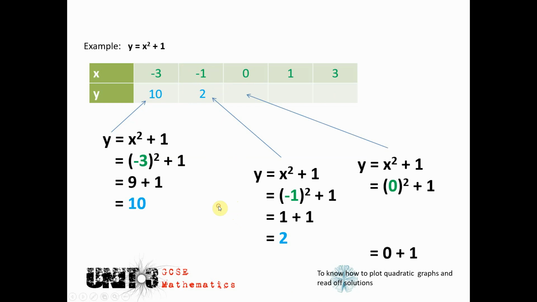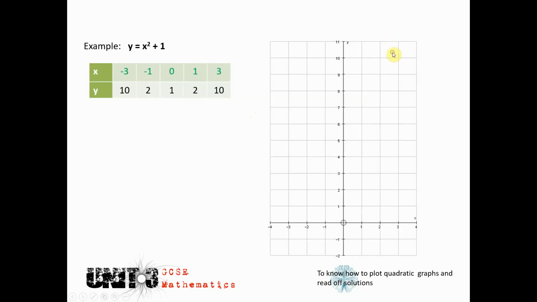So 0 squared will just be 1. And then as we get 2 more, we would get to that one. Maybe you can have a go at putting these 2 in and see if you get what I've put on the PowerPoint here. You might notice that we've got some similar values here. I'm not going to dive into that. That's something I'm talking about in a few lessons' time.